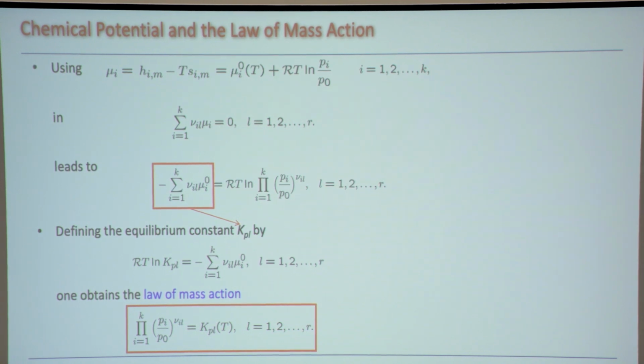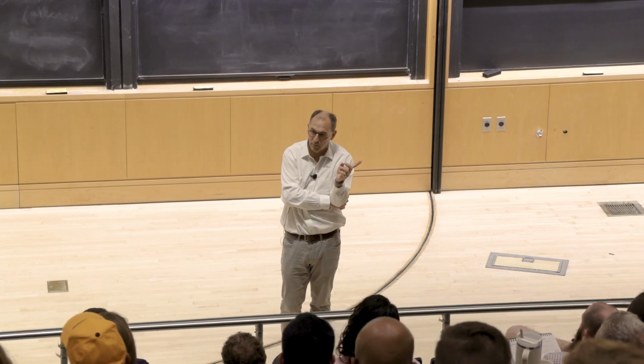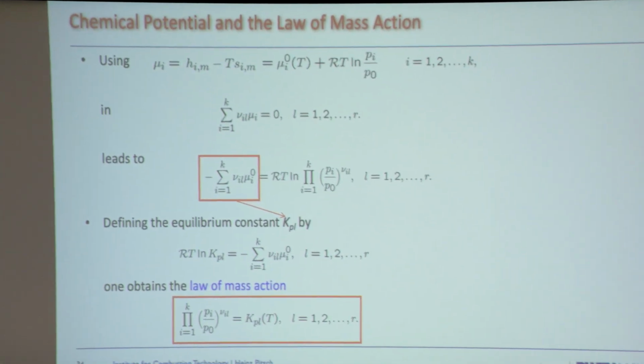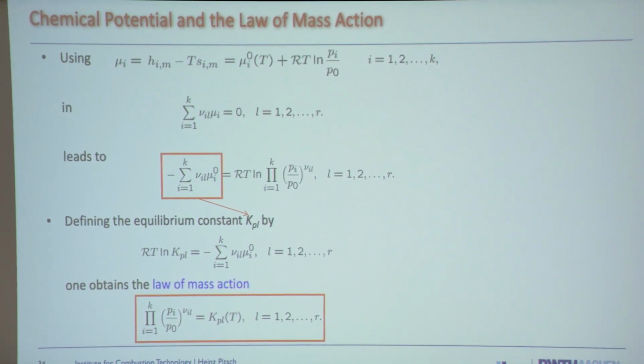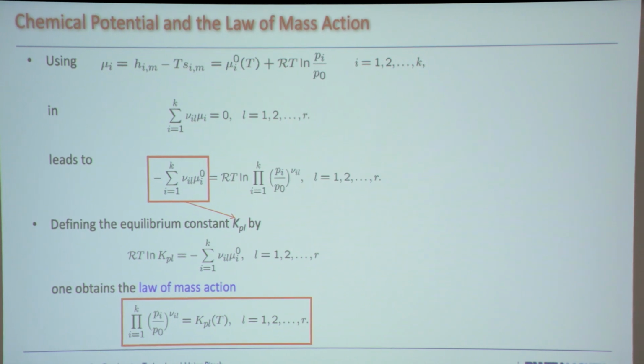Okay? So this is interesting because the whole expression had a temperature-dependent part and a pressure-dependent part. And the side which I now call the equilibrium constant has only the temperature-dependent parts. No pressure, right? The pressure is on the other side.